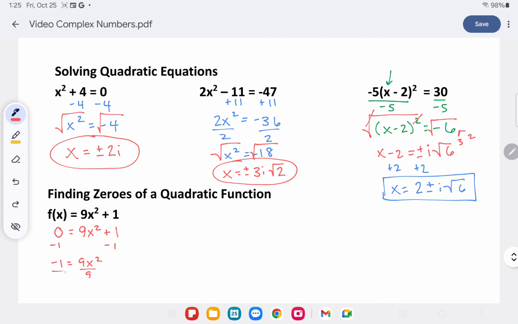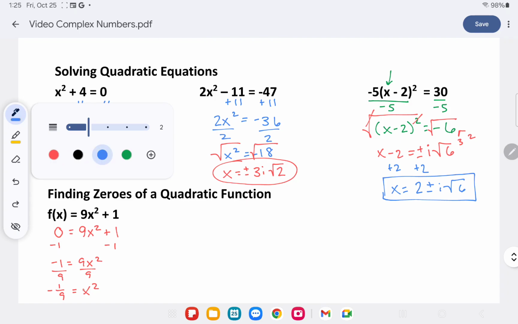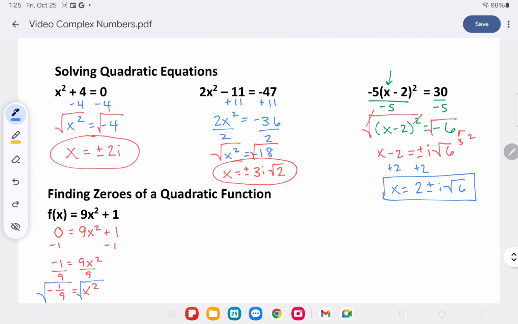Then I'm going to divide both sides by 9, so that x squared equals -1/9. And then to get rid of the squared, we're going to take the square root of both sides. This is imaginary because we're taking the square root of a negative. Don't forget your plus or minus, and the square root of 1/9 is 1/3, because the square root of 1 is 1 and the square root of 9 is 3. I'm going to write it as plus or minus 1/3 i.